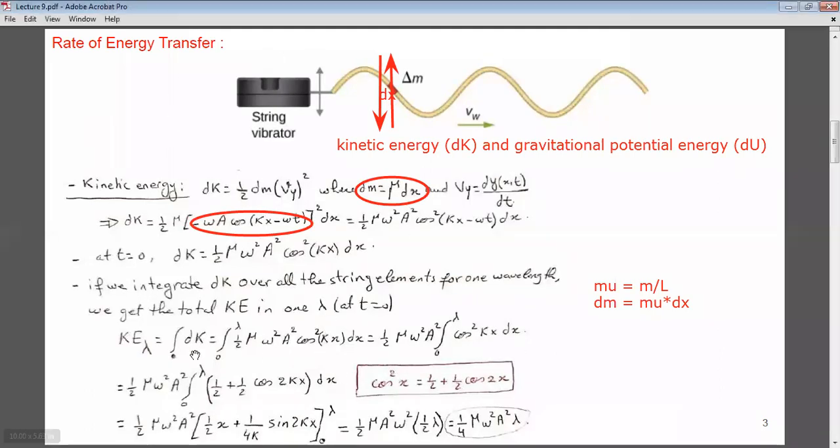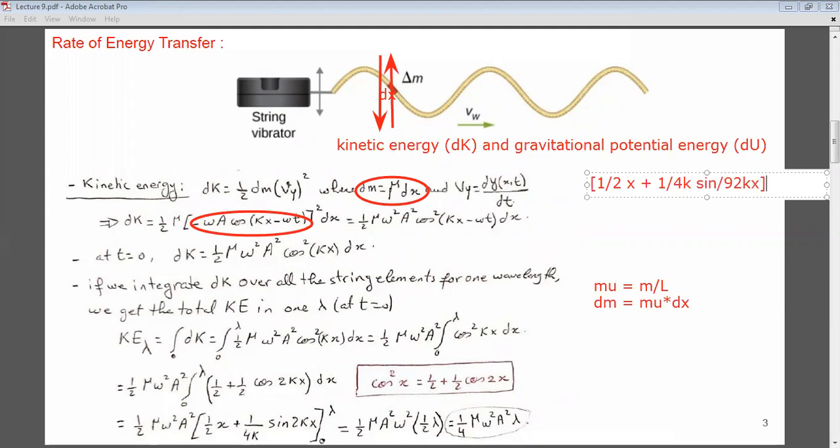Let me do it on the side. So I have 1 over 2 x plus 1 over 4k sine 2kx from 0 to lambda.